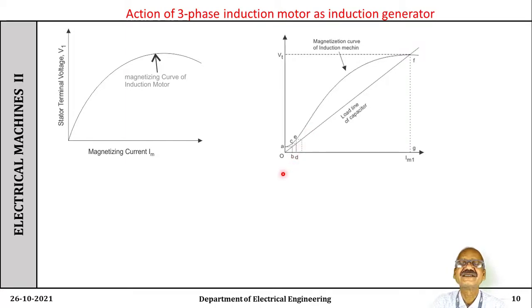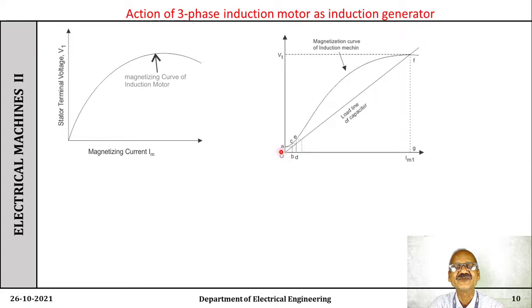Now this upper one is the magnetization curve of the induction generator, and this one is the load line of the capacitor. This is the magnetizing current drawn by the induction generator, and on the y-axis there is the voltage generated. Initially, because of residual magnetism present, the voltage generated in the armature winding of the motor is OA.